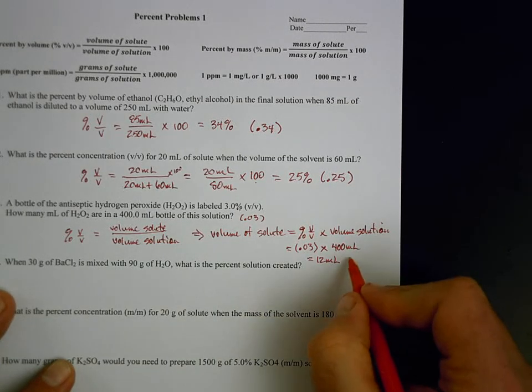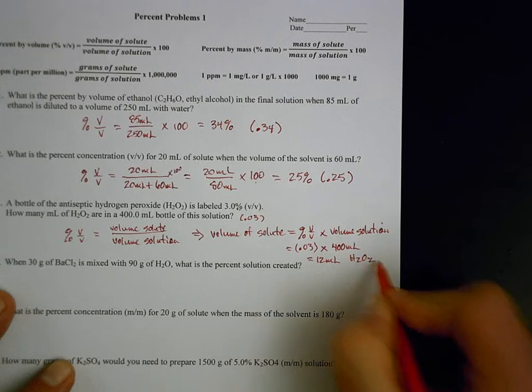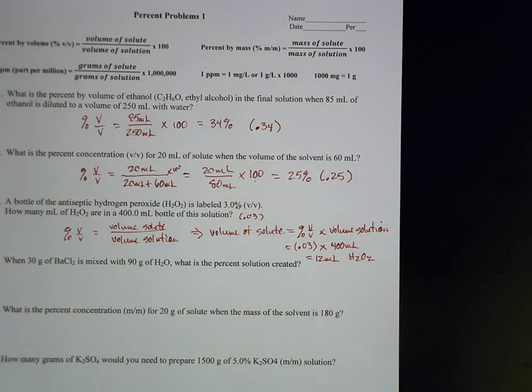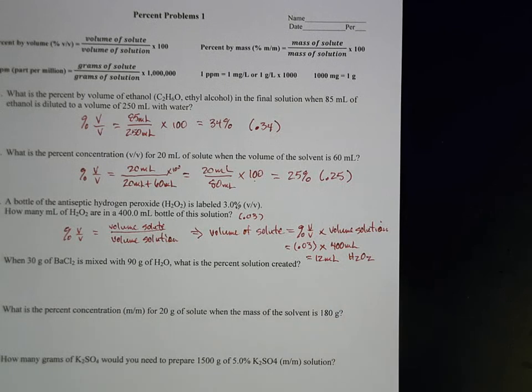So in other words, that's how much H2O2 is actually in the 400 milliliters, 12 milliliters of it. So there I kind of went backwards. I already had the percent. I figured out how much solute was in the solution.